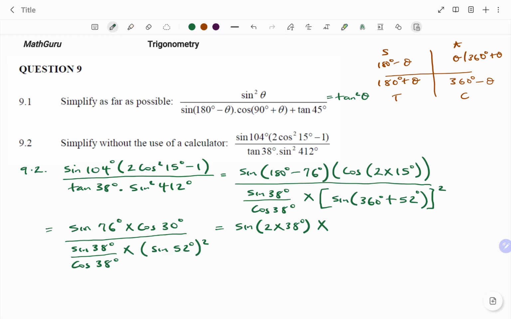Then I have times, for my cos 30, using my special angles, that's root 3 divided by 2. I'm going to try and simplify my denominator. I still have my sine of 38 divided by cos of 38 degrees times, now I have sine of 52 degrees.